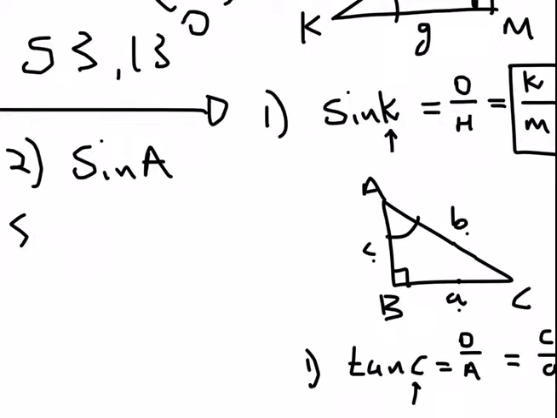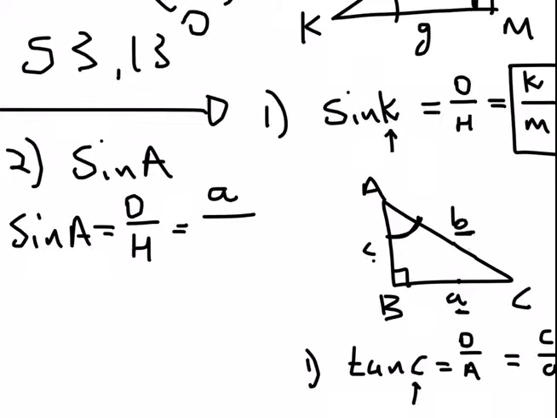But what we know is that the ratio for sine is opposite over hypotenuse. If the reference angle is at A, then which side is opposite? Definitely the opposite side is A. And then which side is the hypotenuse? The hypotenuse definitely is B. So that means all that I'll be looking for is A over B.